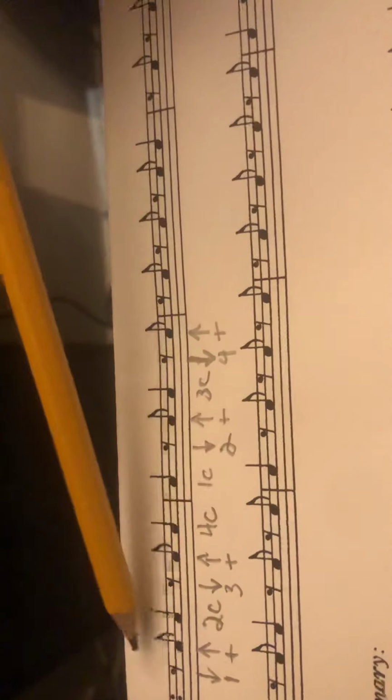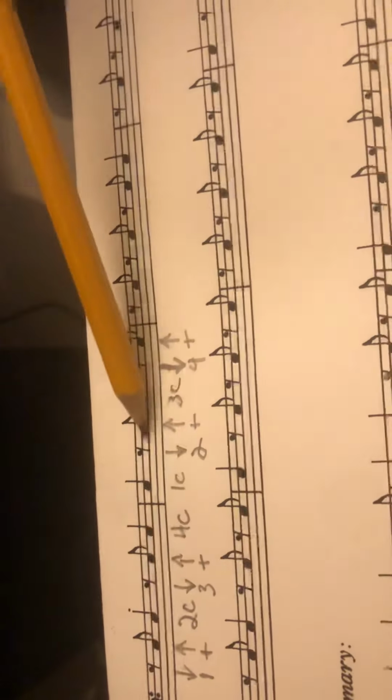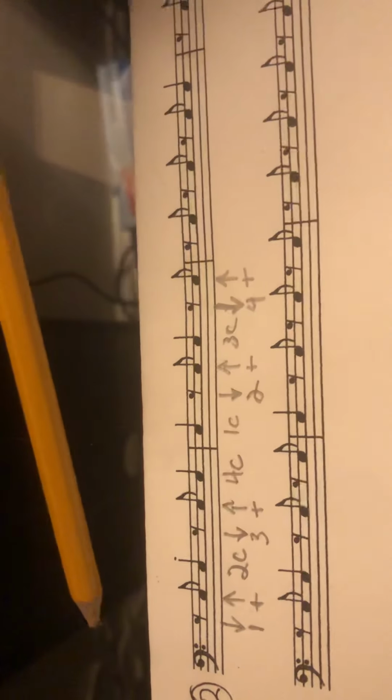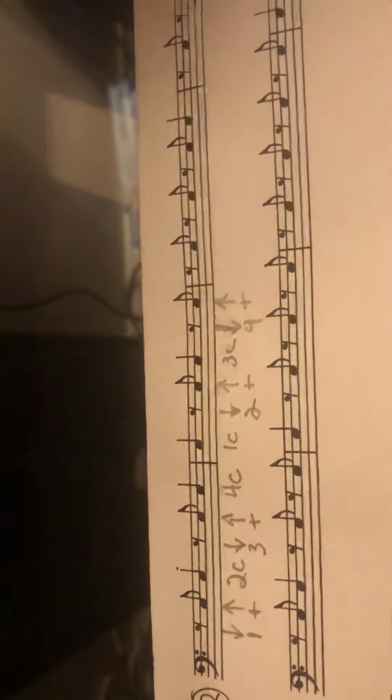And then I'm going to put them all together. I'm going to put both measure 1 and measure 2 together. 1 and 2 and 3 and 4 and 1 and 2 and 3 and 4. 1.